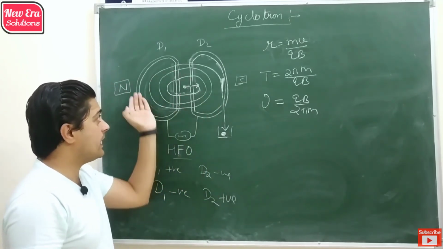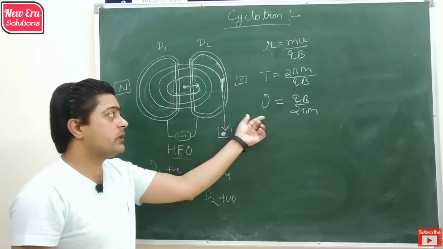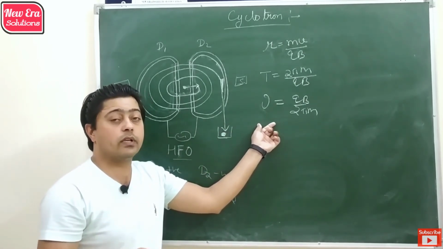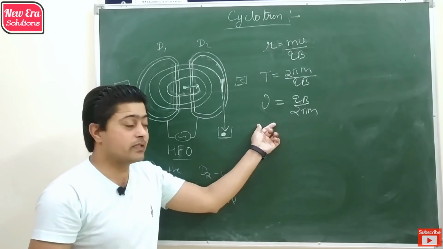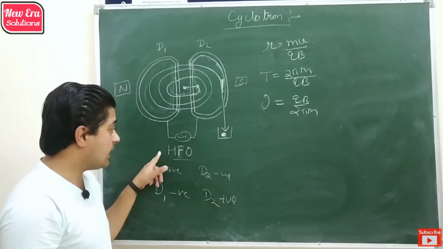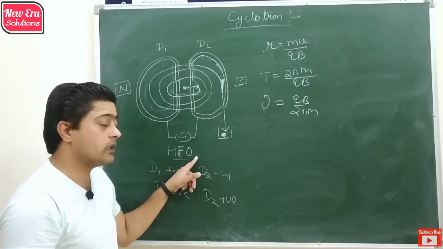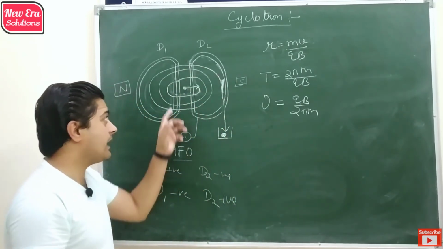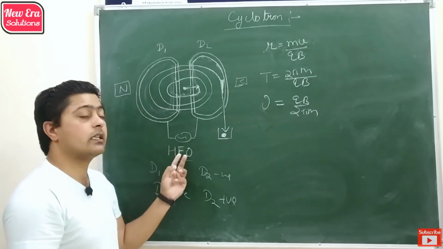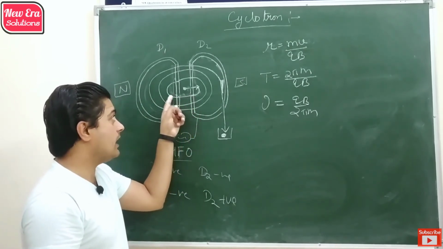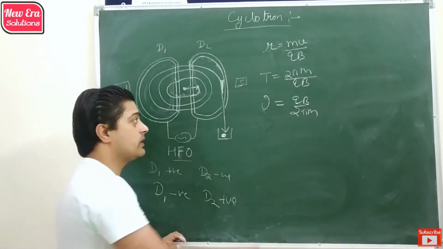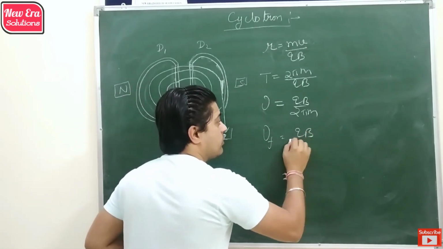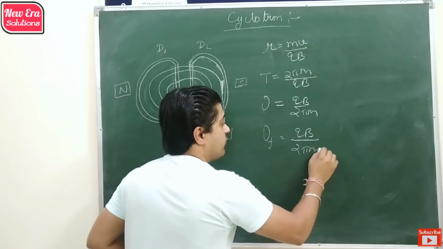Whatever the velocity and whatever the radius of the circular path, the frequency of the charge remains the same, which is known as resonance frequency. Similarly, the high frequency oscillator has the same frequency as the charge, so that it can switch the terminals when the charge enters the gap. So this frequency is also known as the cyclotron resonance frequency.